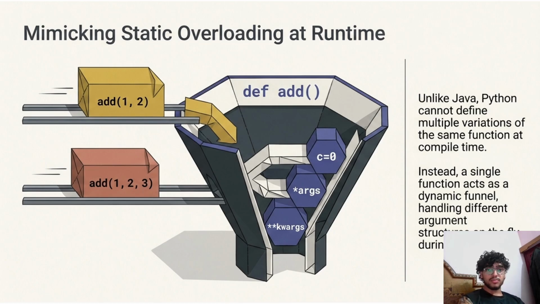Suppose sometimes you want to add two variables and sometimes we want to add three variables. This is quite possible by using star args, an argument with multiple parameters. Now, unlike Java, Python cannot define multiple variations of a function at compile time. Instead, a single function acts as a dynamic funnel, handling different argument structures on the fly during execution.